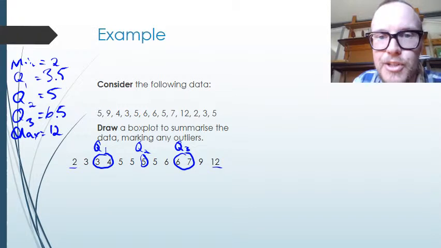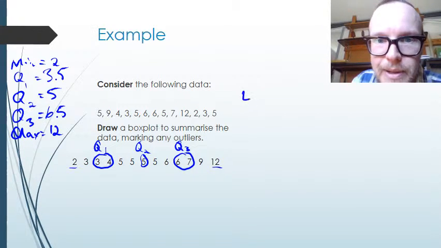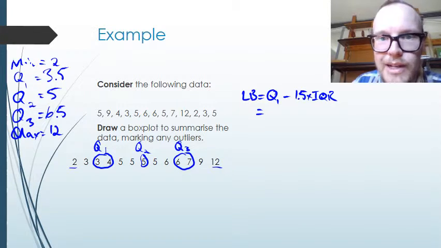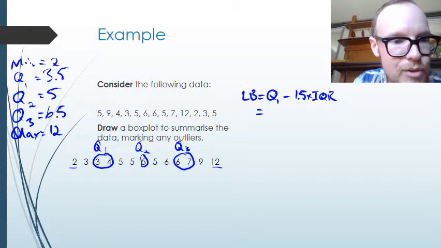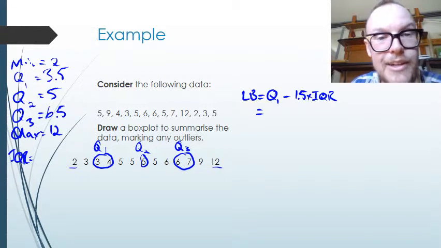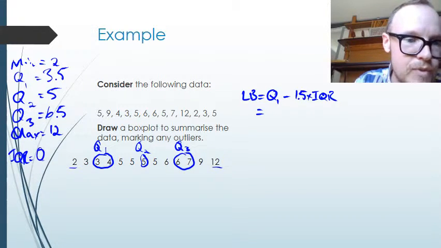So remember, to determine any outliers, we need to look at the lower and upper bound. So the lower bound for our outliers is Q1 minus 1.5 times the IQR. We probably need to find our interquartile range then as well. So our interquartile range is going to be our Q3 minus Q1.